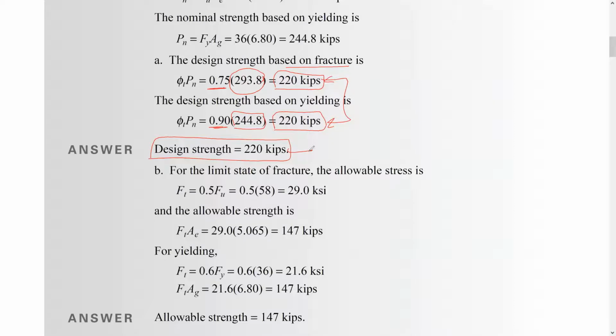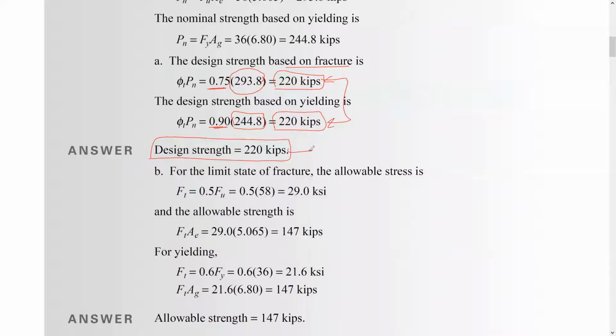For the ASD method, for, let's say, yielding, this one is going to be the nominal strength. So for yielding, here I'm dividing by the safety factor. So the nominal strength based on yielding is, let's say, 244.8 dividing by 1.67.